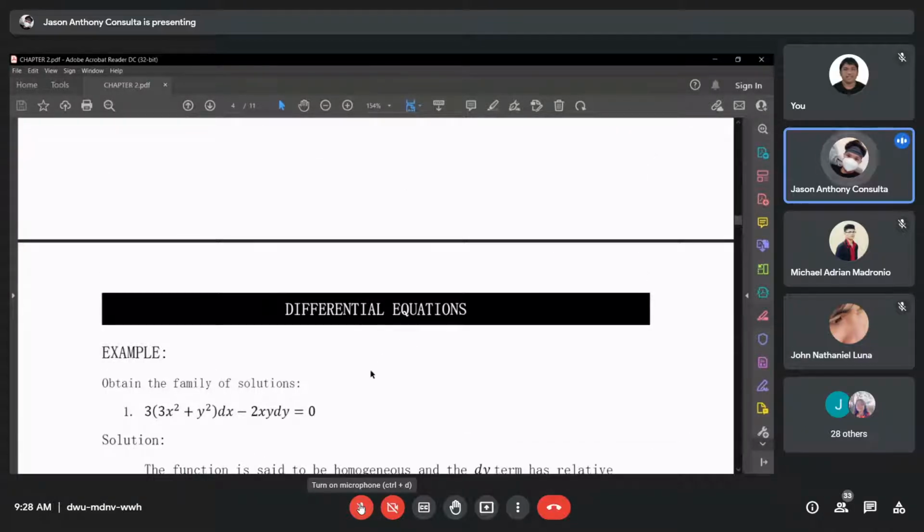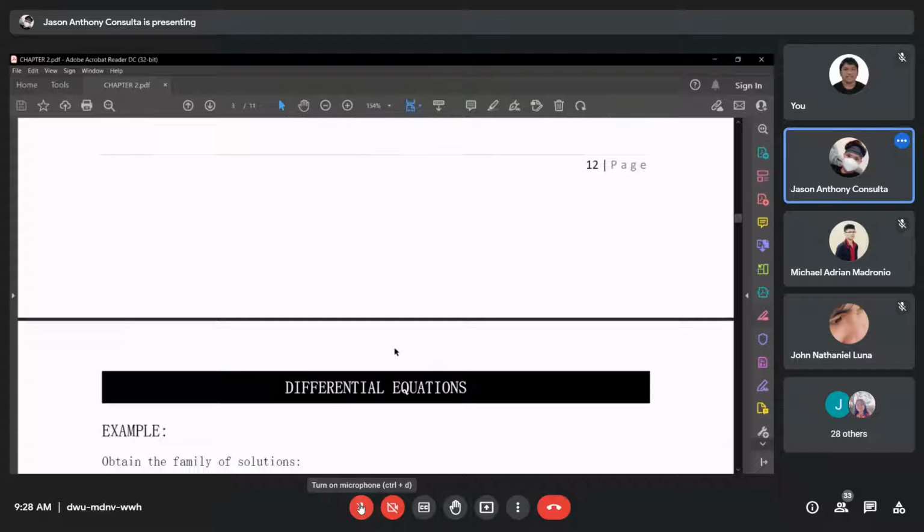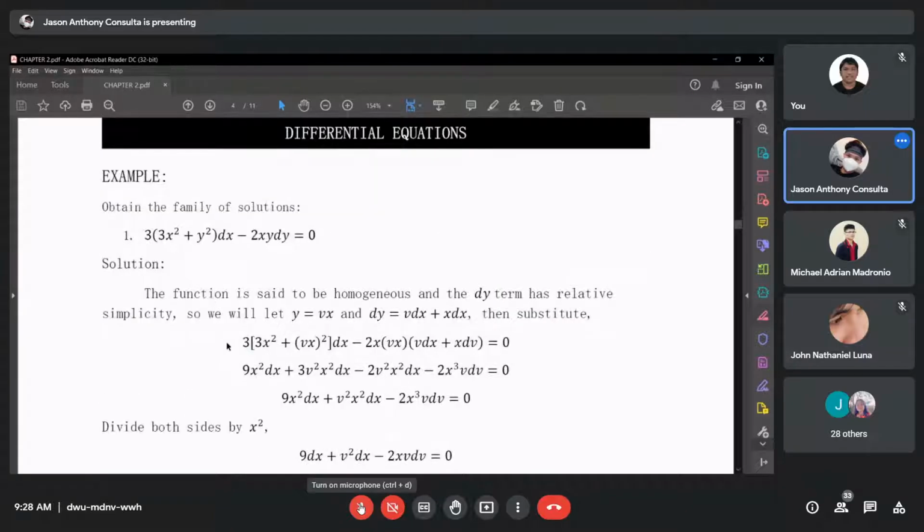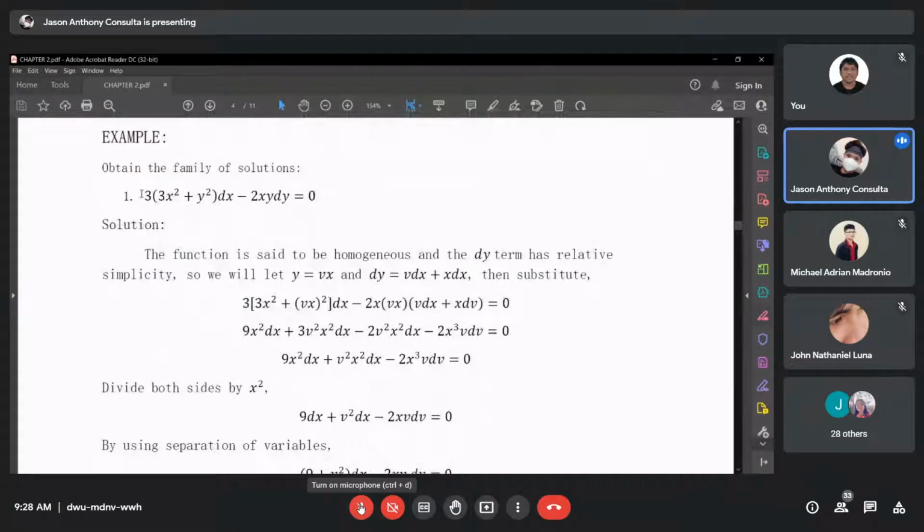Sample. So, ito. Binigyan ng 3 times the quantity 3x squared plus y squared dx minus 2xy dy equal to 0. So, the function is said to be homogeneous and the dy term has a relative simplicity.